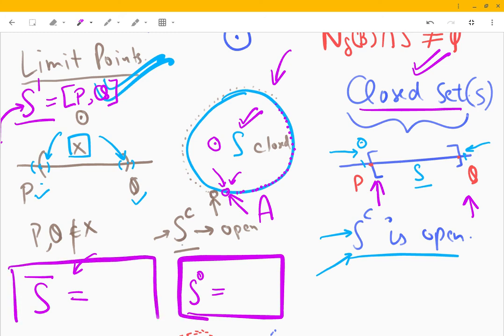Closure of a set is the set of all points, I'm repeating, for which the intersection of its neighborhood and the set is not empty. That is included in the closure of a set, right? I think that is all.